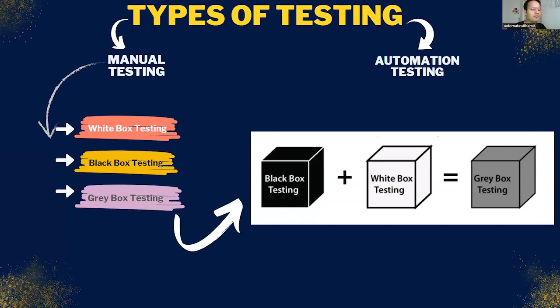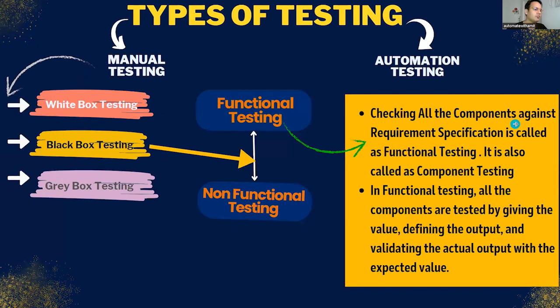So a person who is already aware of the coding part of the application, taking into consideration the coding as well as the outside of the application, combines both kinds of knowledge, writes the test cases based on the expected output, and performs testing based on the outcome. So that's gray box testing.